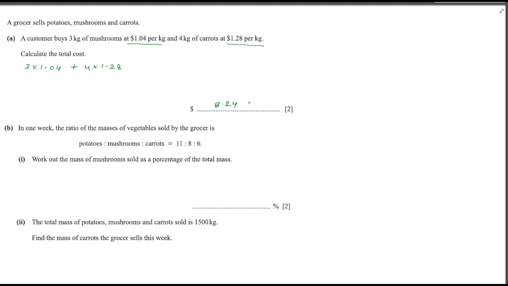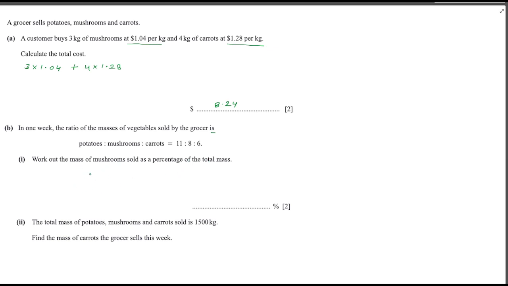Next, in 1 week, the ratio of masses of vegetables sold by the grocer is given for potato, mushroom, and carrot. Work out the mass of mushroom sold as a percentage of total mass. So when it is asked as a percentage, let us consider the total mass is 100 only.